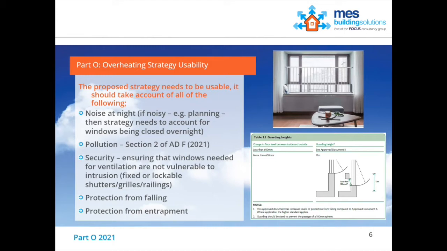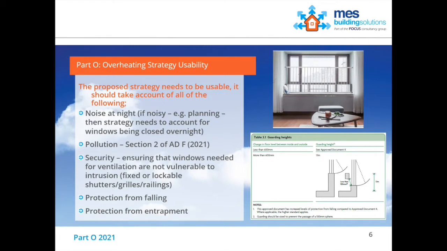into those spaces. We have to make sure that people can't fall out of any openings. So if we're in high-rise flats, for example, we may need to put limitations on the angle that windows can open to, which may therefore mean that we need larger areas of opening windows, but we need to make sure people can't fall out of anything, and that if we do have controls either for the security systems or anything else, people can't get stuck in anything as well.